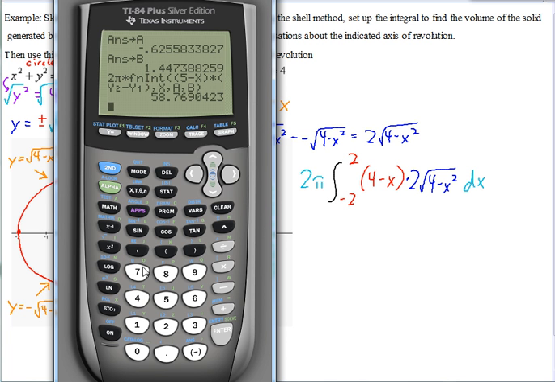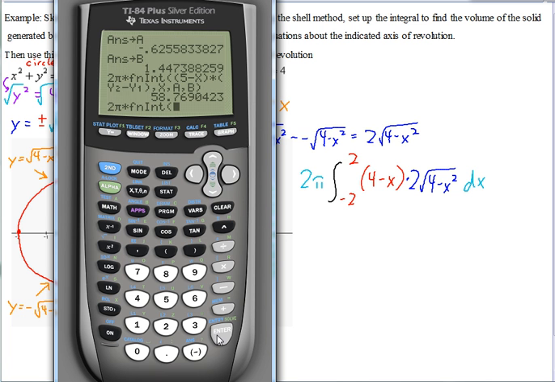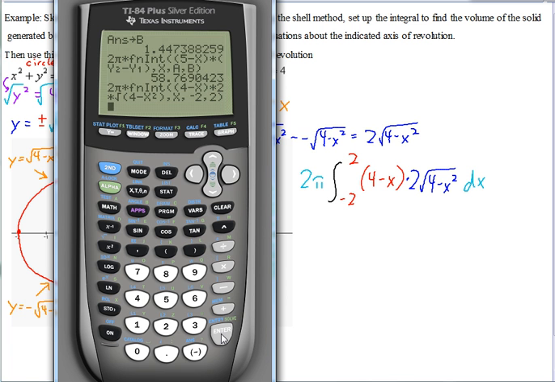So we've got 2 pi, and then times math number 9, integrate, so it'll be open parentheses again, 4 minus x, close parentheses, times 2 times the square root of 4 minus x squared, close parentheses, and then comma, variable x, lower limit -2, comma, upper limit 2, close parentheses.